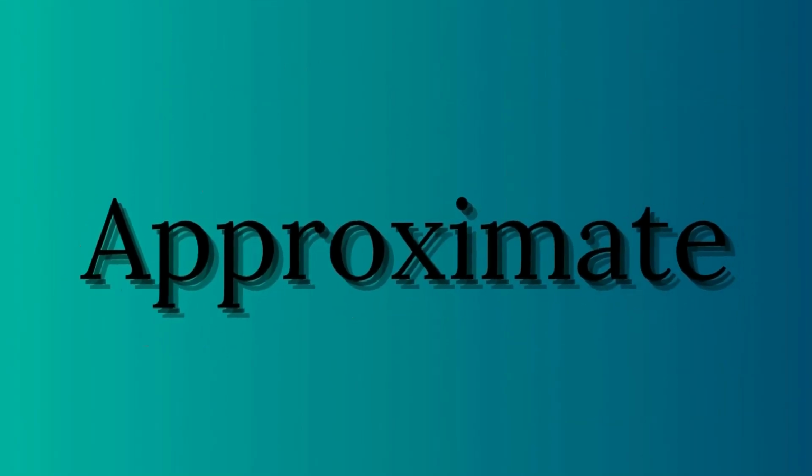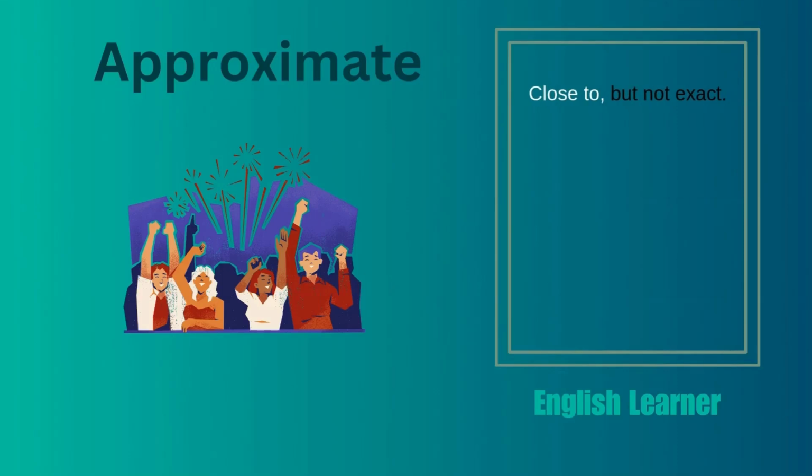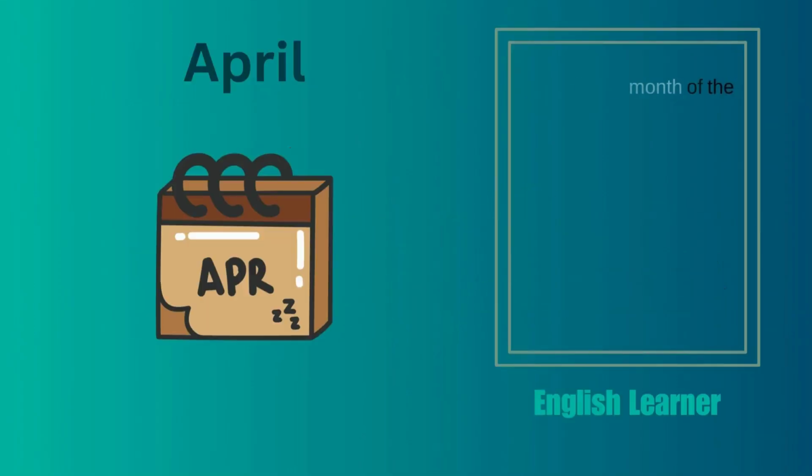Approximate. Close to, but not exact. Example. The approximate number of people at the concert was 500. April. The fourth month of the year. Example. My birthday is in April.